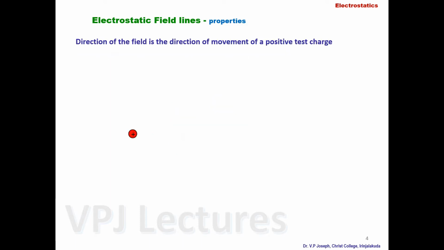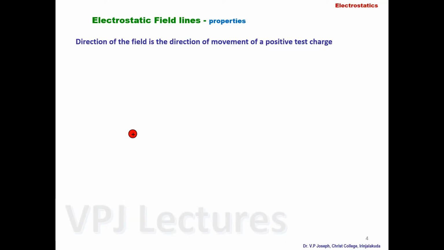Now, the direction of the field is the direction of movement of a positive test charge. We know that we always use a positive test charge in order to know the direction of the electric field. If you place a positive test charge near a positive charge, it repels, it moves away. On the other hand, if you place it near a negative charge, it attracts. So the direction of movement of the positive test charge is taken as the direction of the field lines.